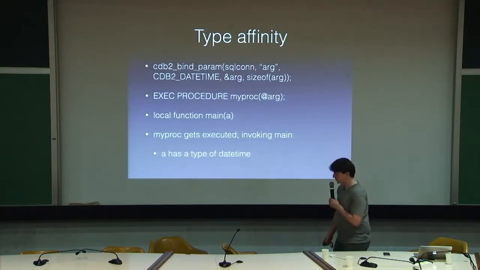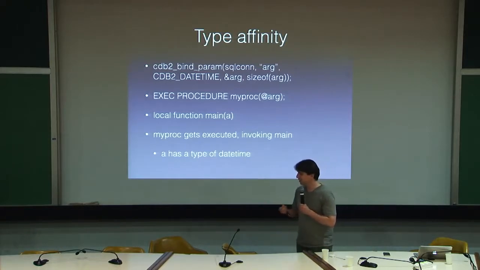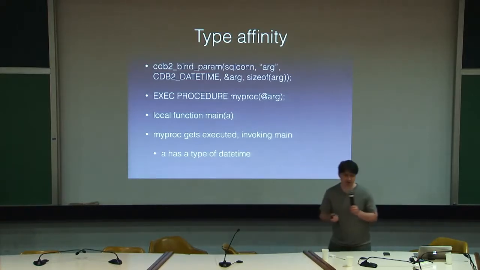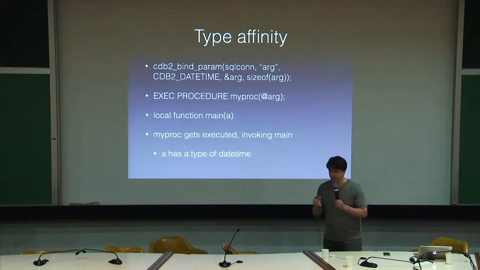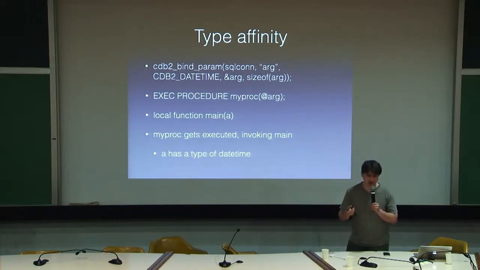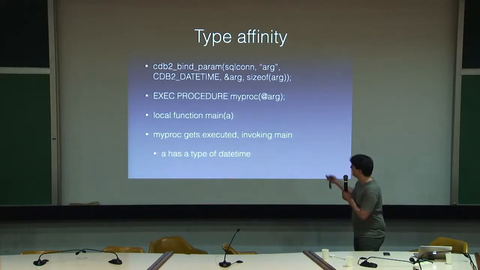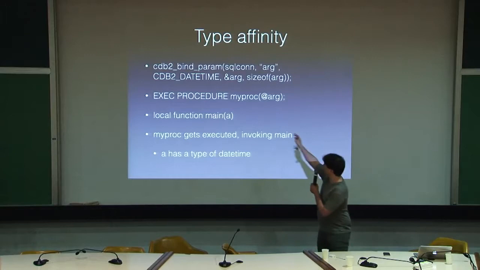We then started working on basically notions of type affinity. So basically the fact that these variables will have types and they can percolate between various layers with their types intact. What I mean by that is, for example, this isn't exactly a working program, but you can see this is a piece of C code here that's going to bind a variable.